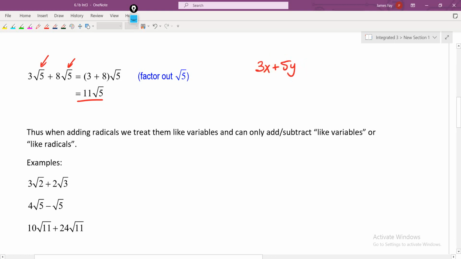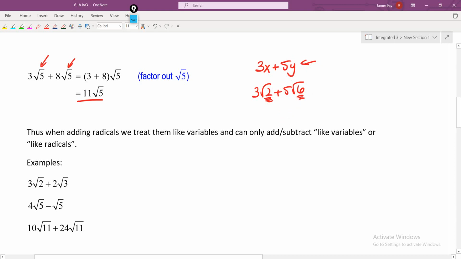Those are unlike terms. That's like saying 3 radical 2 plus 5 radical 6. Because radical 2 and radical 6 are not like radicals, you can't combine these. You would leave that as 3 radical 2 plus 5 radical 6. It doesn't get any simpler than that, much like you would leave 3x plus 5y.